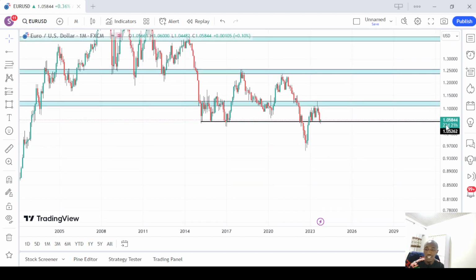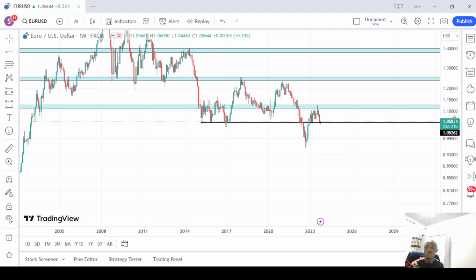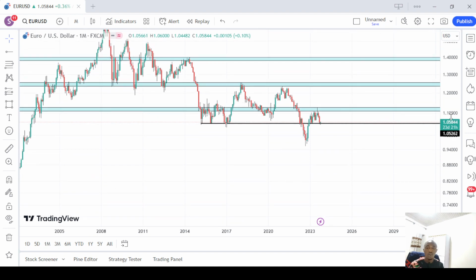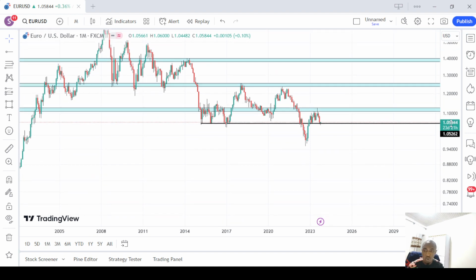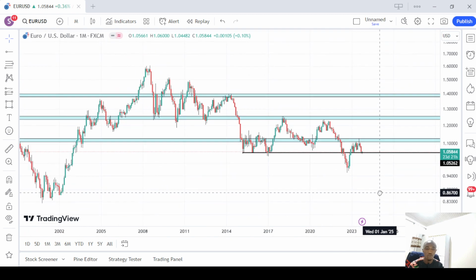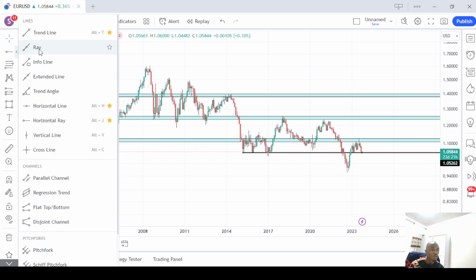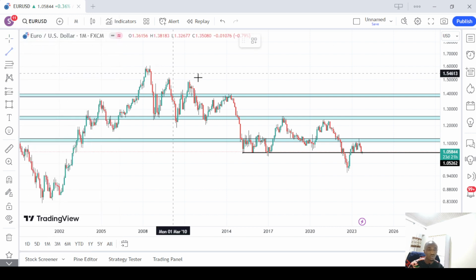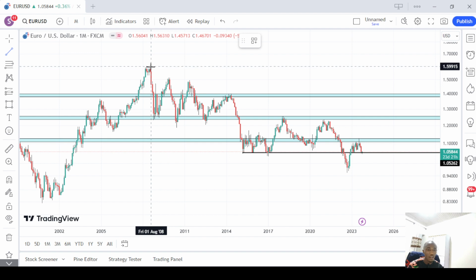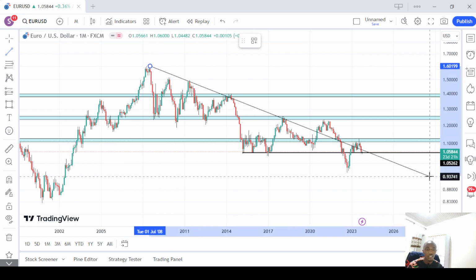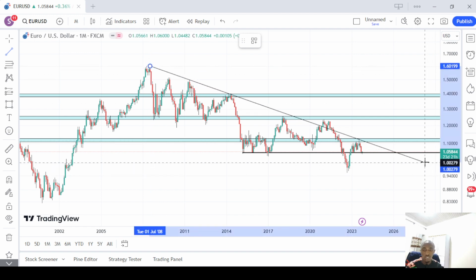Even if you are a day trader, even if you scalp, once you do that, it will inform your biases. It will give you more of a direction as to what to trade.